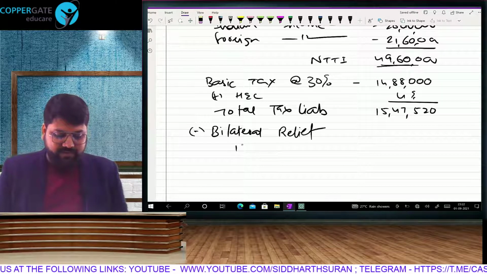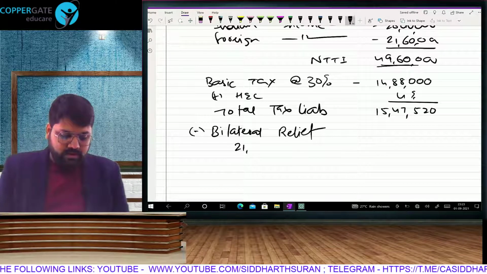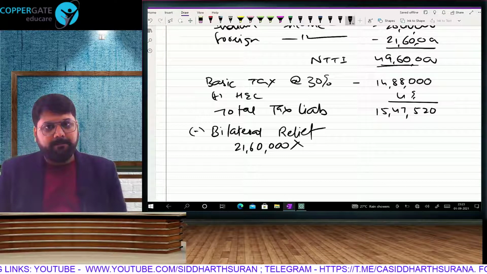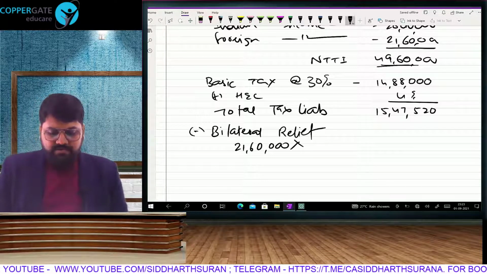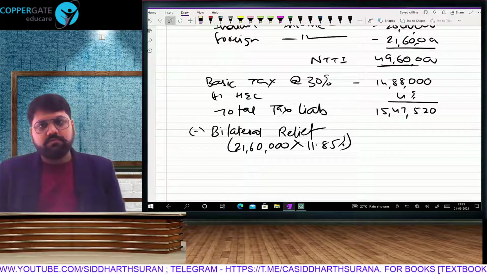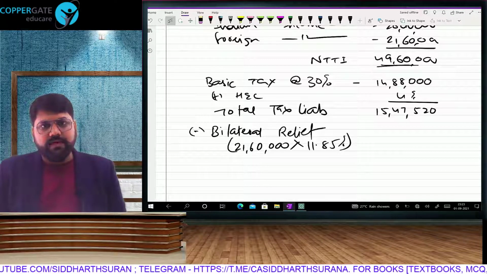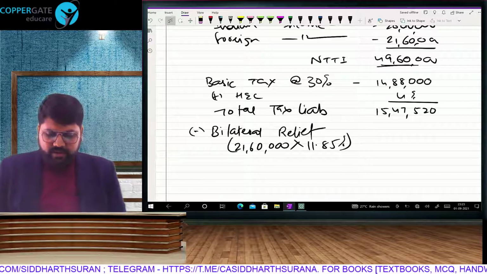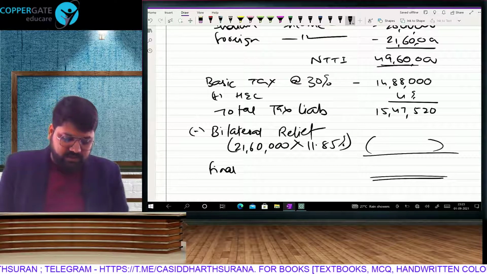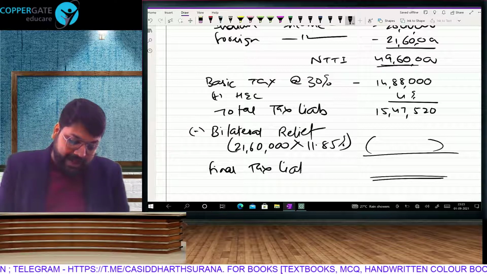Foreign income of 21,60,000. Will you get relief on 21,60,000 or the entire 49,60,000? Why? Because you have paid tax only on 21.60 lakh at 11.85%. You give this relief, and this will give you, observe the terminology, the final tax liability.